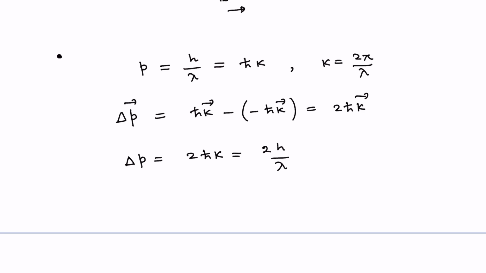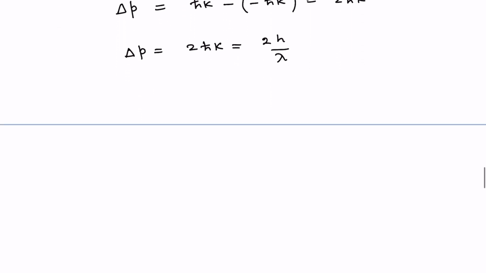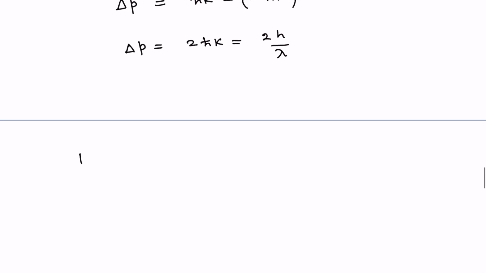Now for a stream of photons, the force imparted by the mirror will be, let me write here, for a stream. Earlier I just considered one photon, but let me now consider a stream of photons.